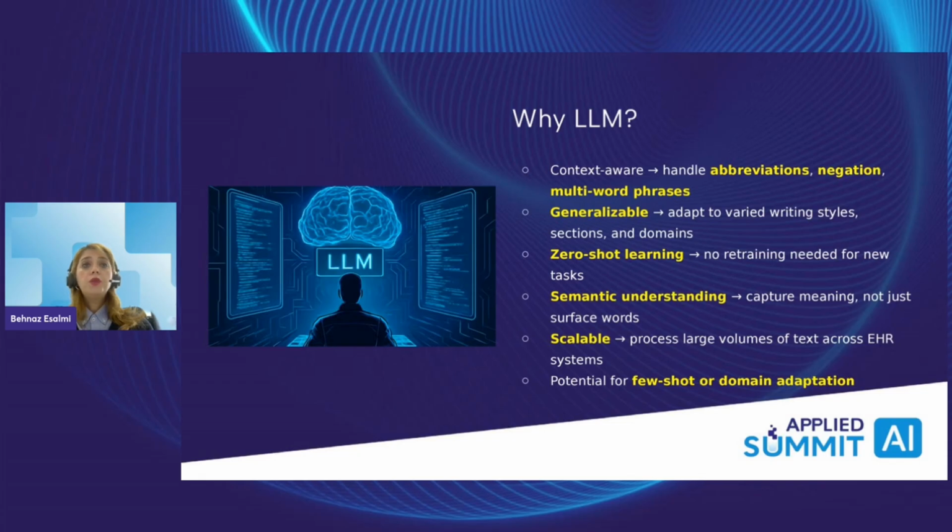Furthermore, they perform zero-shot reasoning, making them efficient for new tasks, and they are semantic, meaning they understand meaning beyond exact word matches, something a rule-based system couldn't do as efficiently. By the way, all of these properties make LLMs a perfect candidate for concept extraction at scale in our hybrid framework.